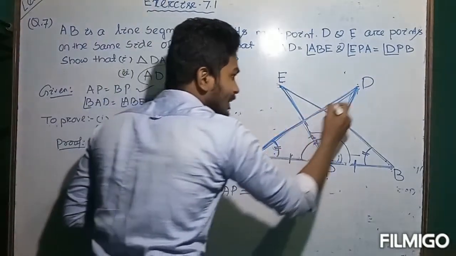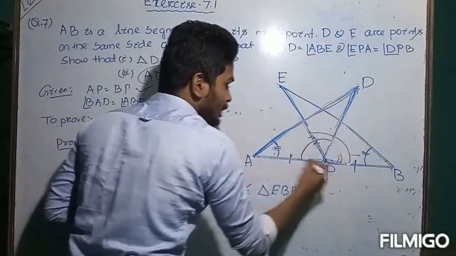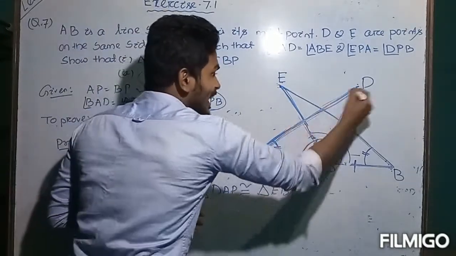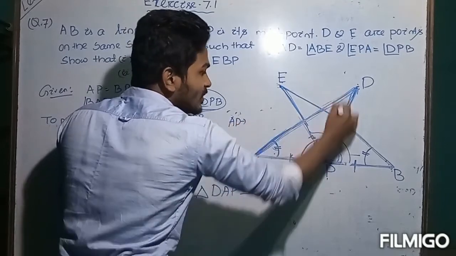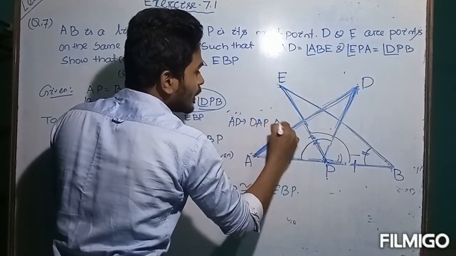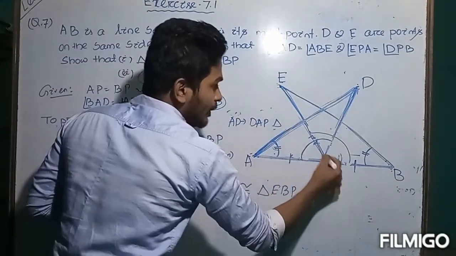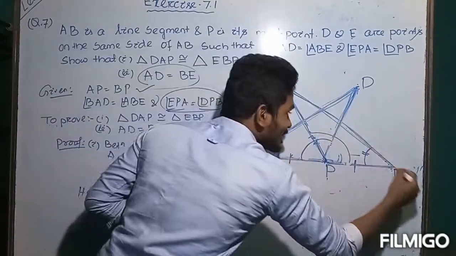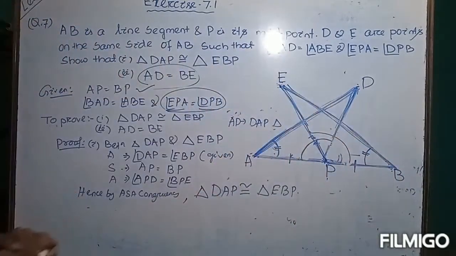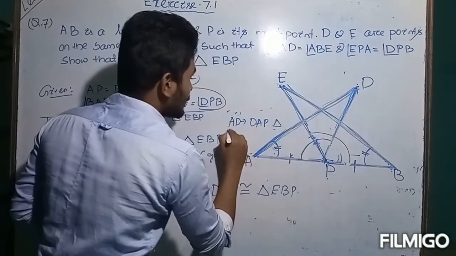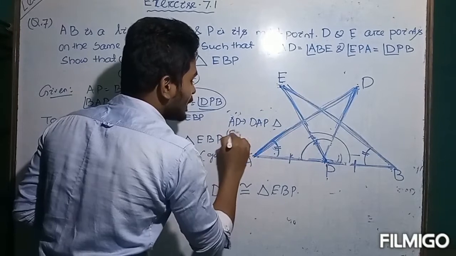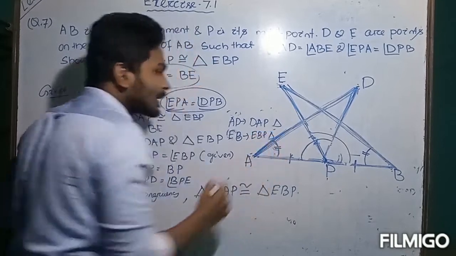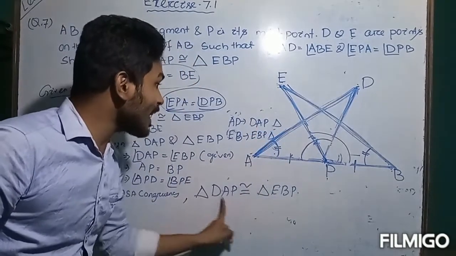For this, you have to take this triangle ADP, or you can say DAP. Which triangle you can say, no problem. Now, this AD is a side in the triangle DAP. Similarly, for the triangle EBP, this is also a side. Yes or no? Yes. So BE, or you can say EB, is also a side in the triangle EBP. But we know that these two triangles are congruent.